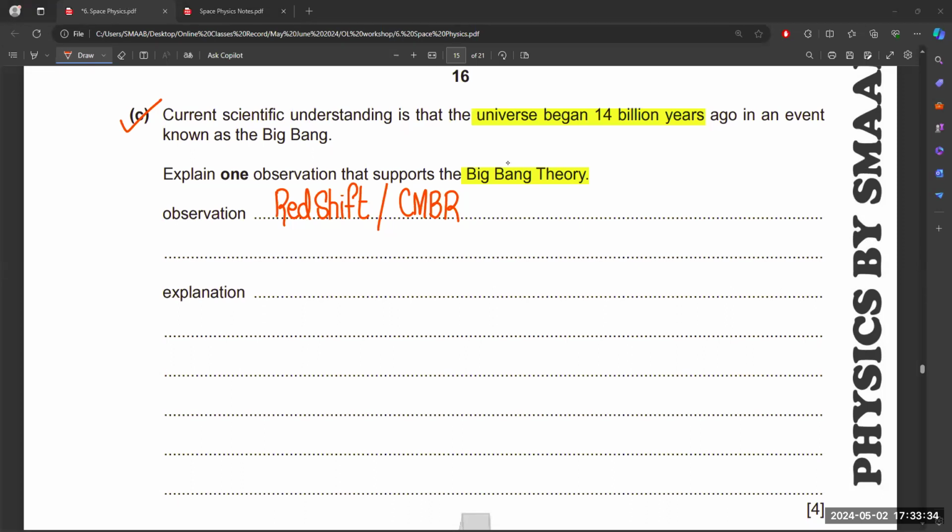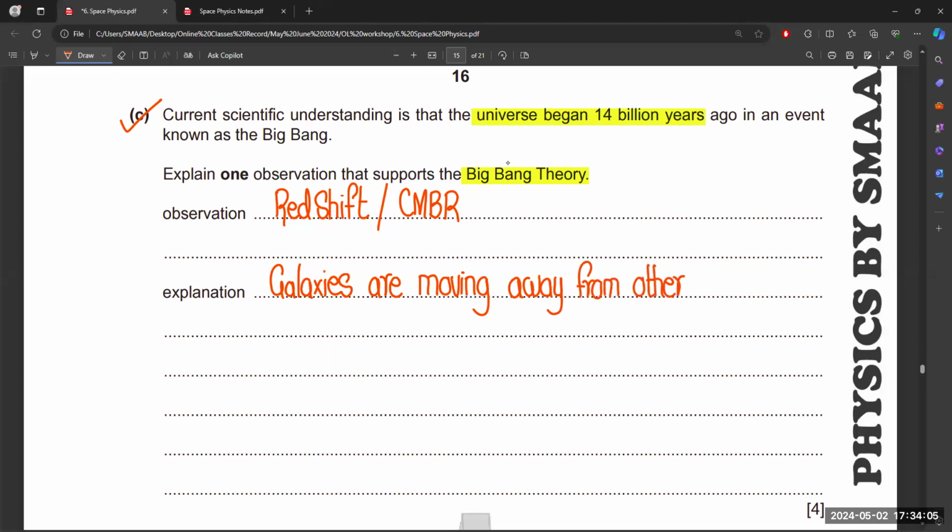So basically, if we start the explanation with the concept of redshift, galaxies are moving away from each other, and the wavelength is increasing.